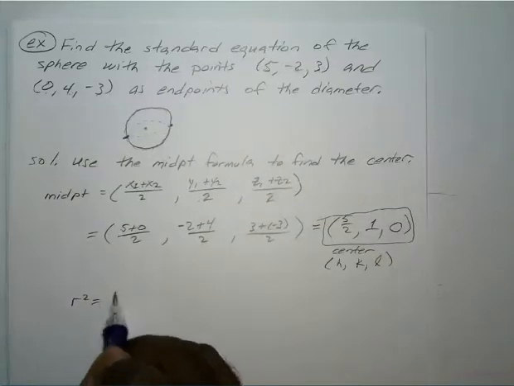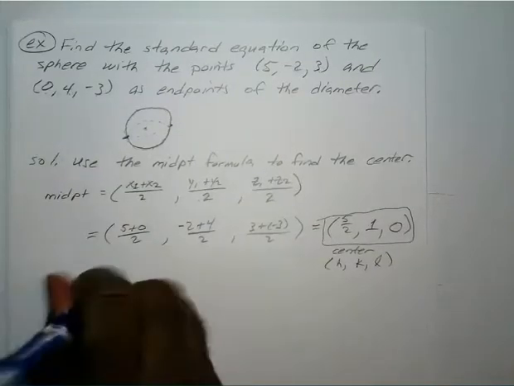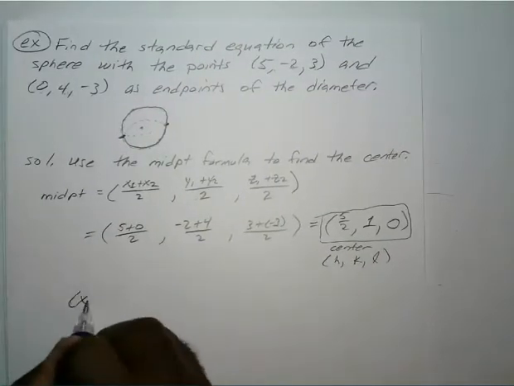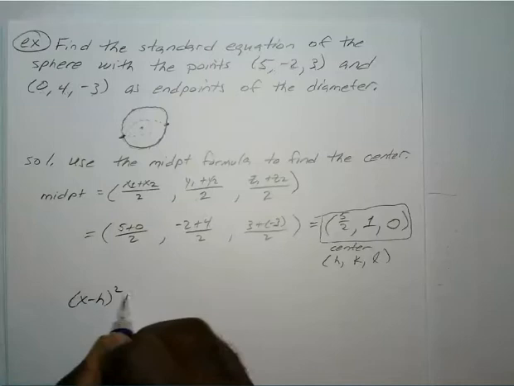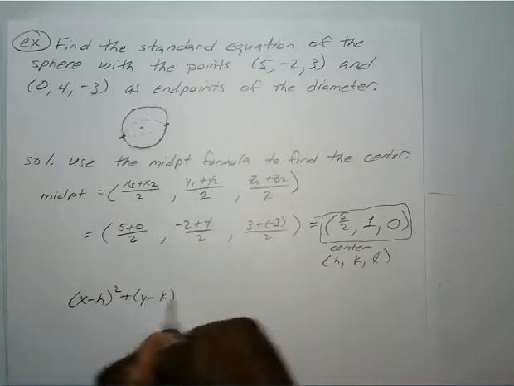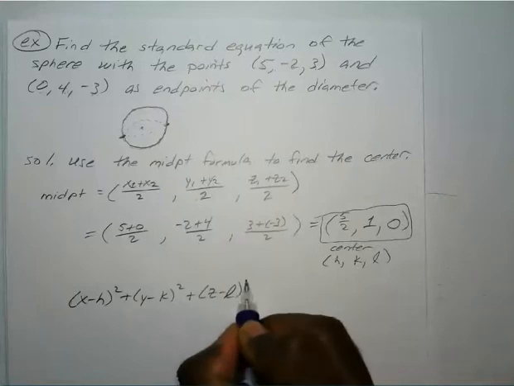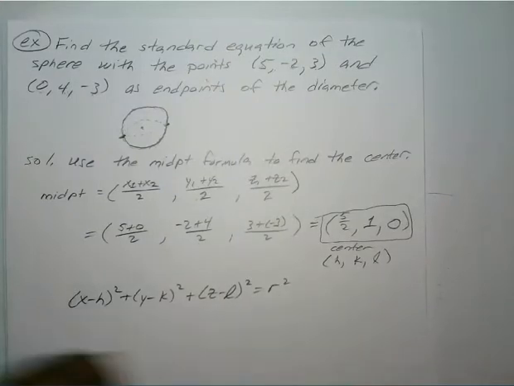R squared equals, well, I'll use that on the other end just to keep it consistent. (x - h)² + (y - k)² + (z - l)² = r².